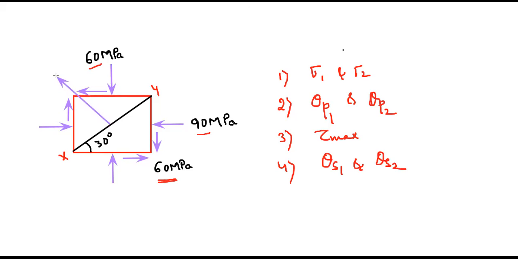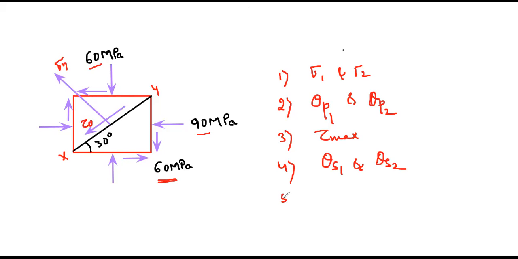On this plane, what may be the normal stress and what may be the shear stress which is acting on this plane? Those are the stresses acting on this plane which is inclined at an angle theta. So this is our normal stress, this is our shear stress.